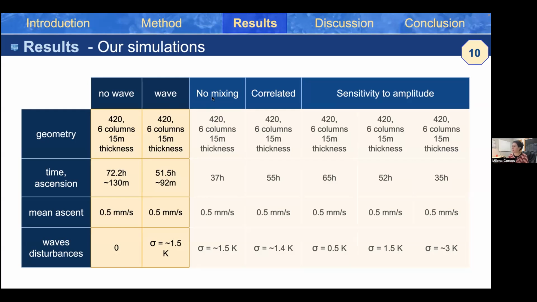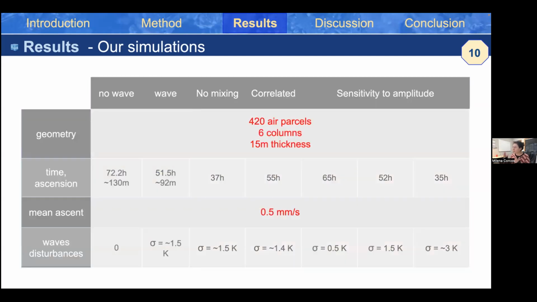For example, the horizontal mixing, the correlation of the wave perturbations in the whole domain, or the amplitude of the waves. I won't describe in detail all these simulations. I will describe in detail only the two main ones, with and without the waves. And then I will move on to more statistical results that use more simulations.